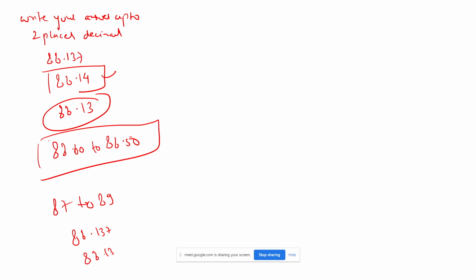If they ask you to approximate your answer up to two places, then they will definitely give a range like 88.00 to 88.5. Anything between this they will accept.